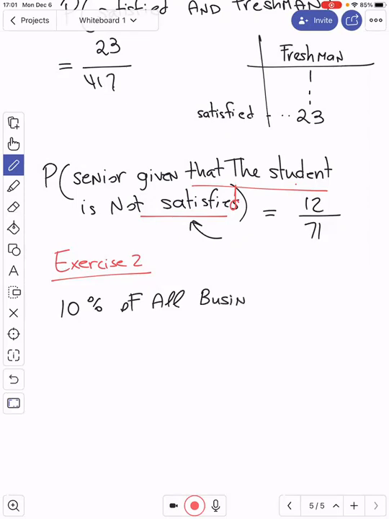All businessmen who wear ties, wear them too tight. So at a board meeting of 6 businessmen, all of whom wear ties, what's the probability that exactly 3 ties are too tight?